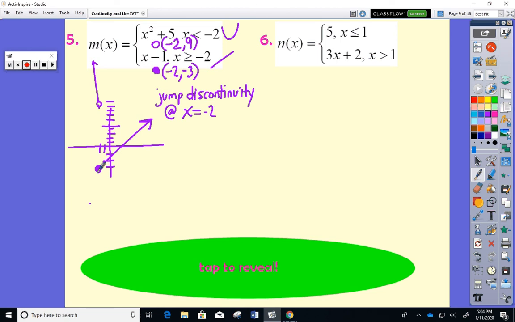So I'm going to say formally the limit as x goes to negative 2 from the left of m of x is equal to, it looks like, 9, and that's not equal to negative 3, which is the limit as x goes to negative 2 from the right of m of x. What's that mean?